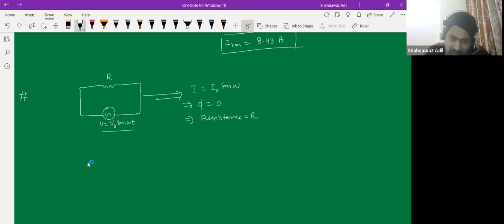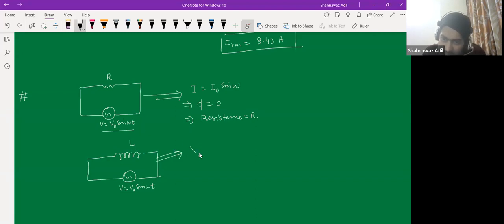And if we have this inductive circuit, what happens? This is V naught sine omega t. Do you remember? First, we have this reactance XL, which is omega L, and this is called inductive reactance.